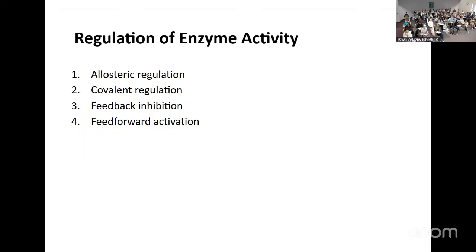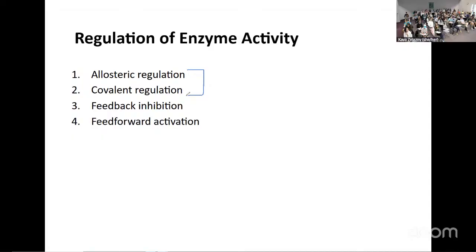So we want to regulate these steps so that we're making the right amount of product and matching that to the amount of reactant that we expect to have. There are a couple of ways we can do this. I like to think of these in two chunks. The first two are physical: how do we change how the enzyme works?